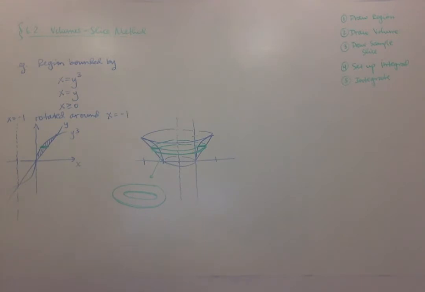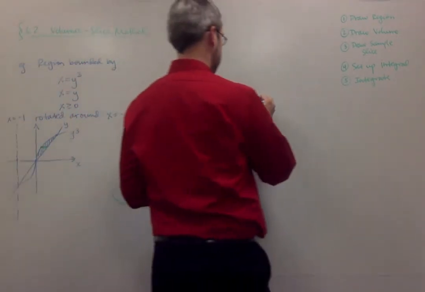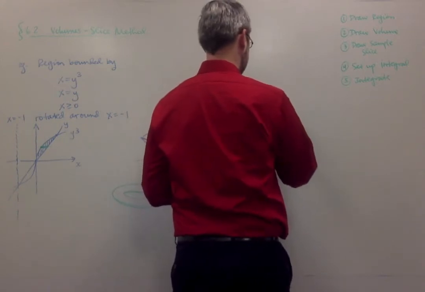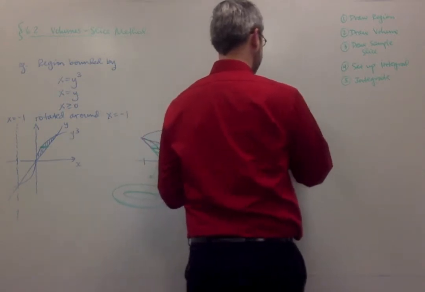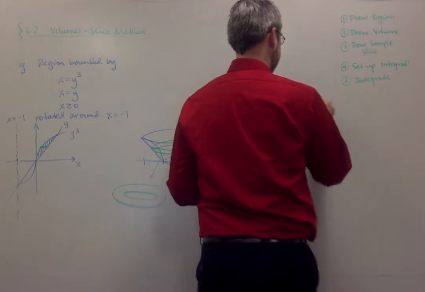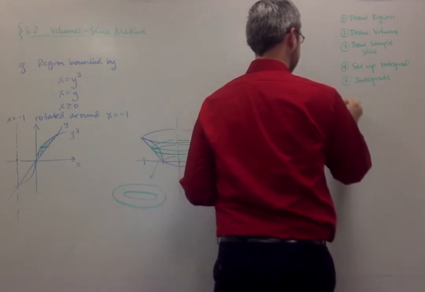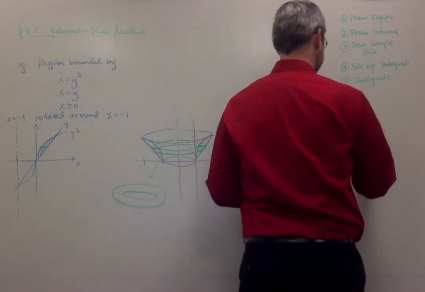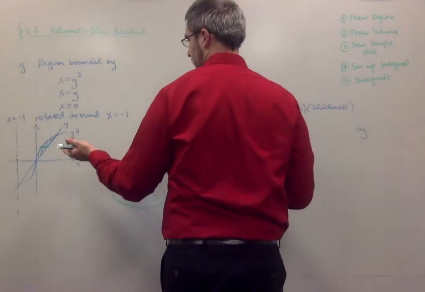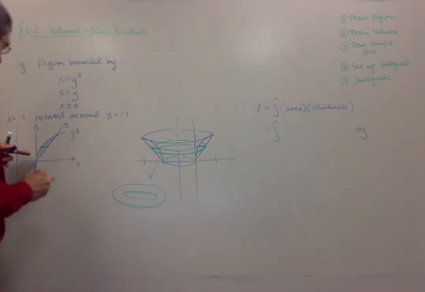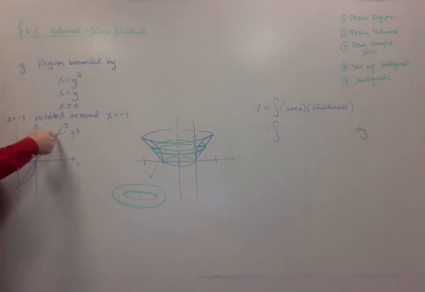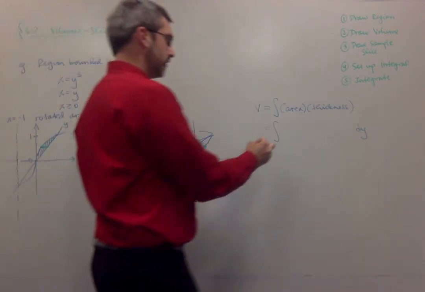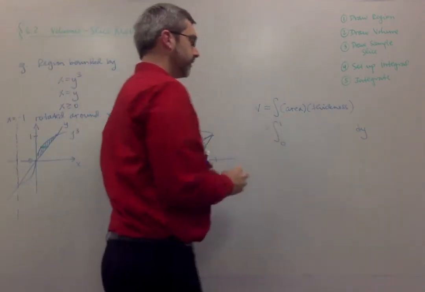All right, so now to get the volume of this, it's going to be area times thickness. Again, the way that we're slicing this, the thickness ends up being dy, and y goes from 0 up to this intersection point right there, y equals 1, so from 0 to 1.